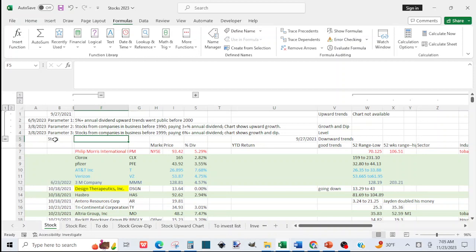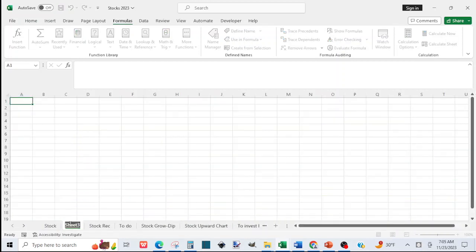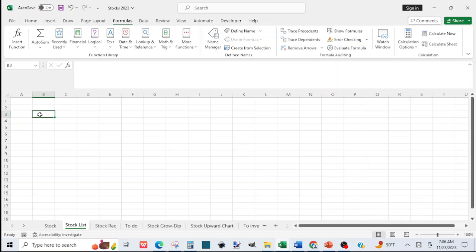And then you will label a column as date, and you label another column as stock list. So one column you can name it notes. The next column you can leave it for dates.